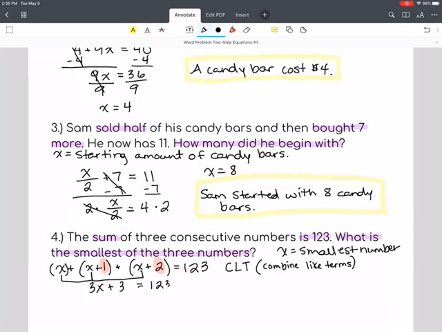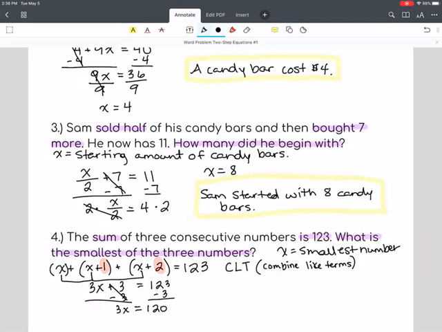So that equals 123. Now I just follow my process to solve for x. I have a plus 3 constant, so I'd have to subtract 3 on both sides to keep my equation balanced. 3 minus 3 is 0. Bring down 3x equals 123 minus 3 is 120.